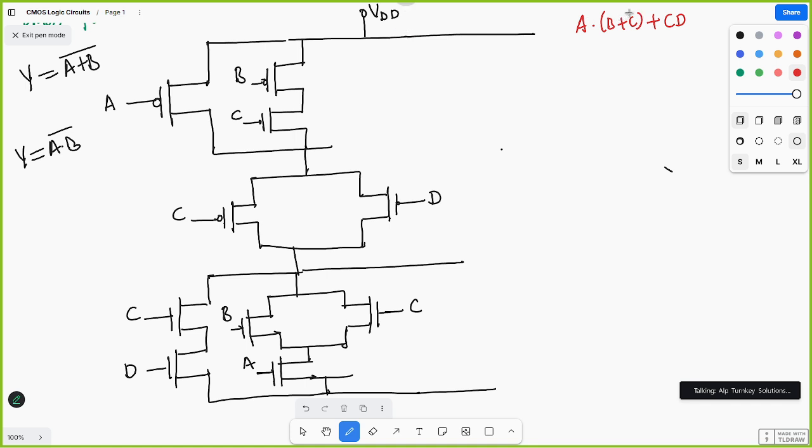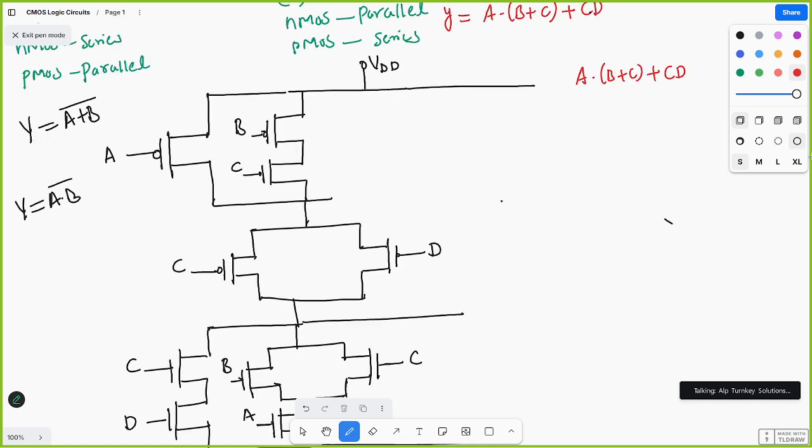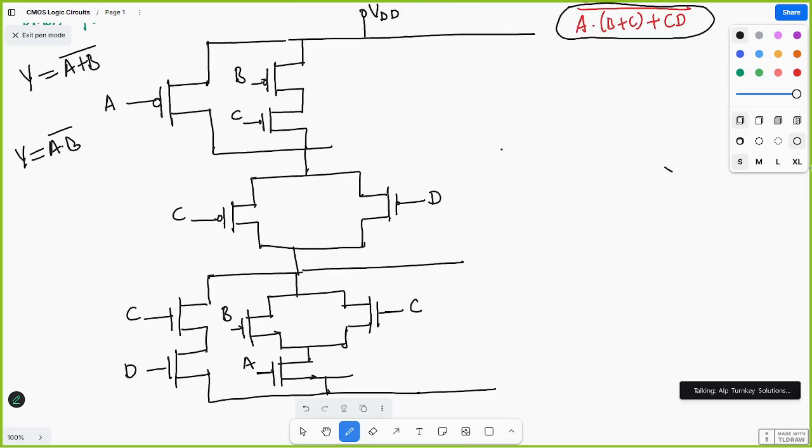So from De Morgan's law, complement of complement is equal to the true form. Since the complement is there, again you need to implement it with one more inverter.